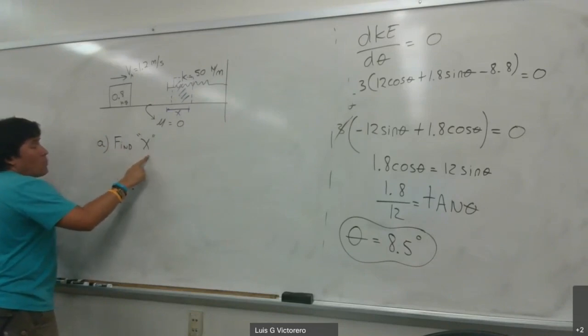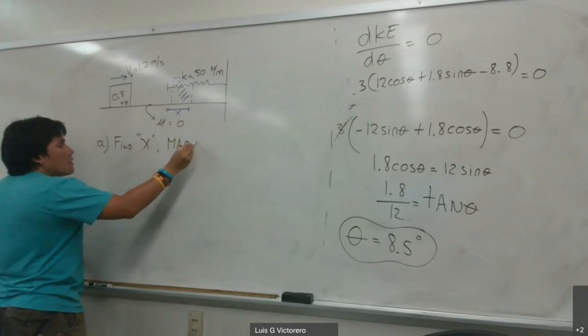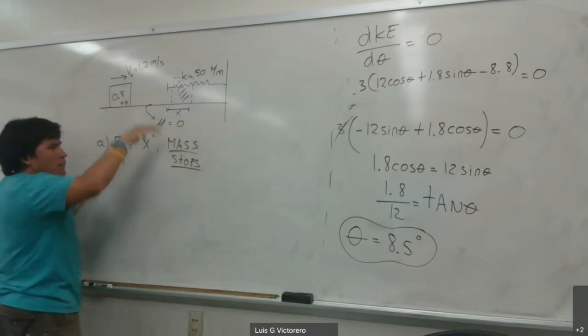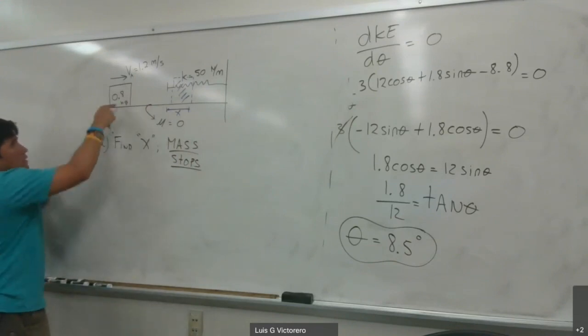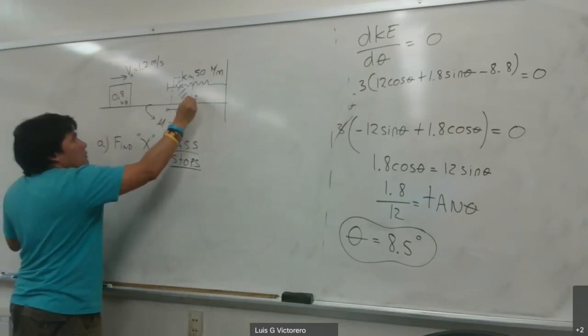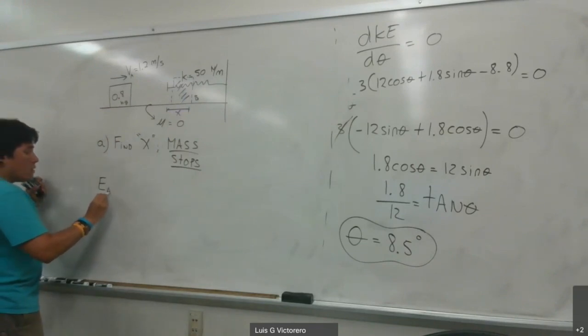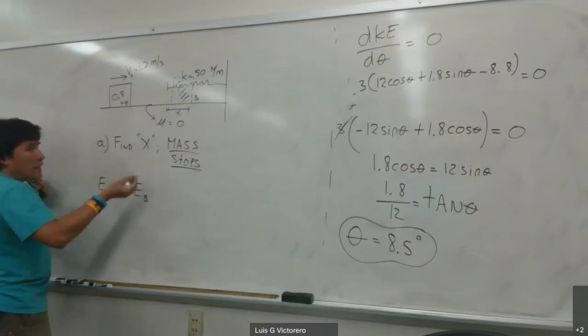To find the maximum compression, this is when the mass stops, just like we did in the problem vertically. So that's easy. Energy on A, this is position B. Energy on A is equal to energy on B because there are no other forces acting on the system.